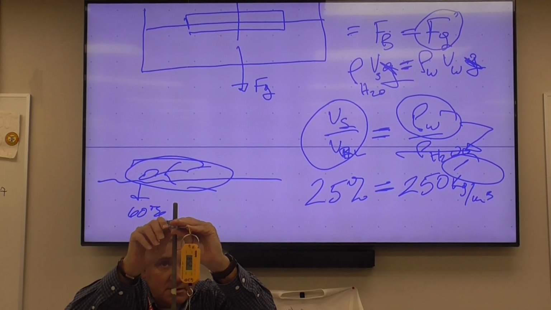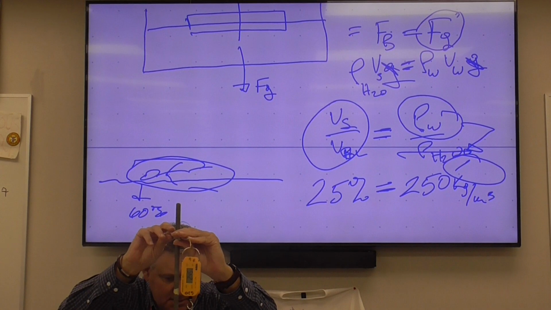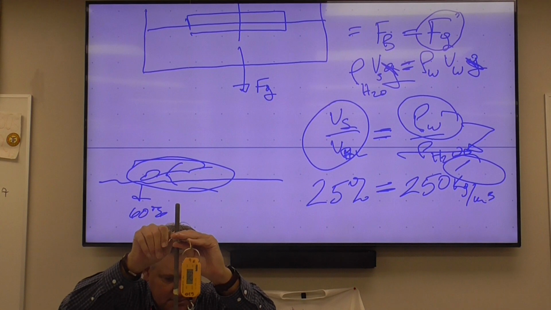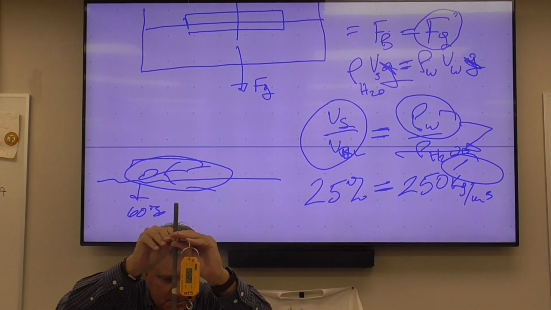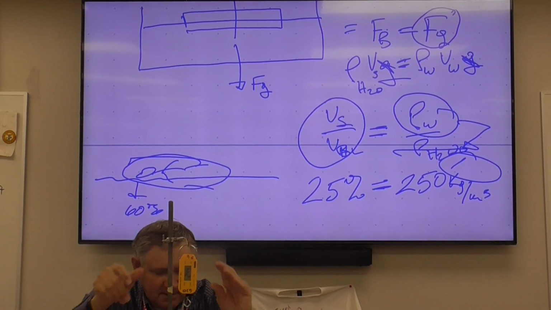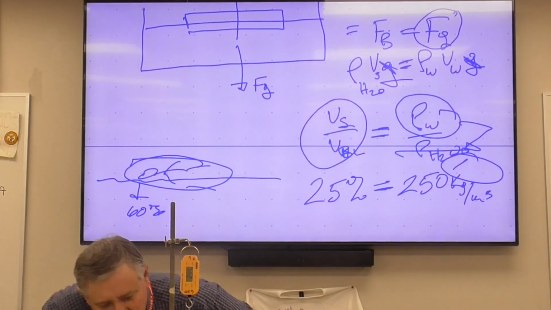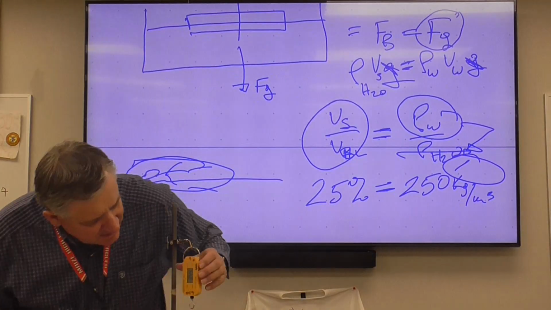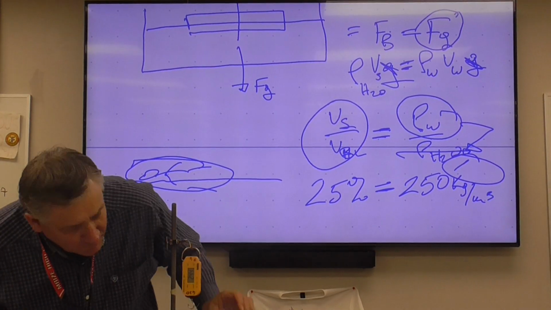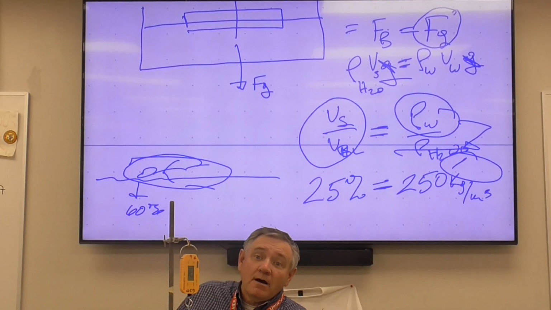What should happen to the reading on the scale? It should decrease. So the reading on the scale is now 2.44, because the water's buoyancy force is also acting upward now.